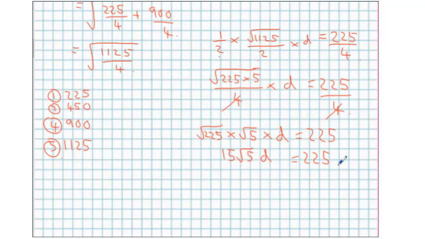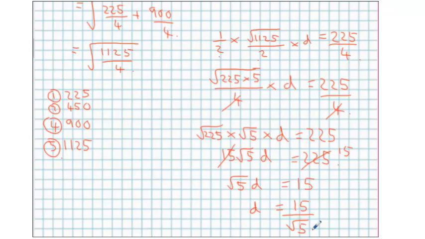We know that 225 could be written as 15 squared, so it could be 15 times 15. So if we divide through by 15, that would leave a 15 there. So that would mean root 5 d equals 15, so d must equal 15 over root 5.